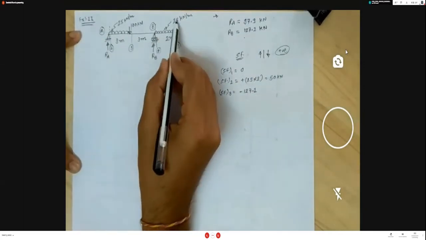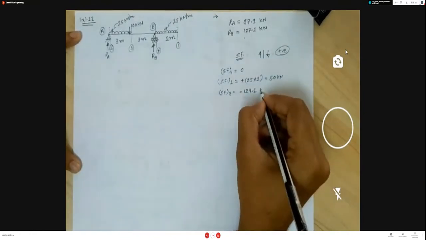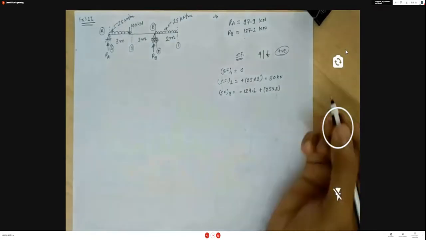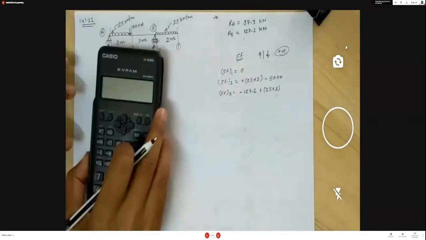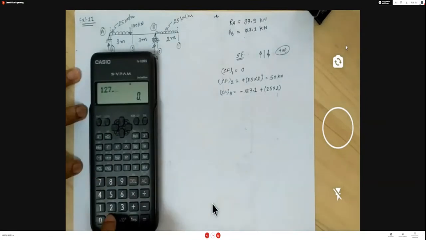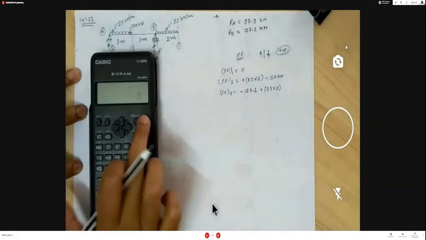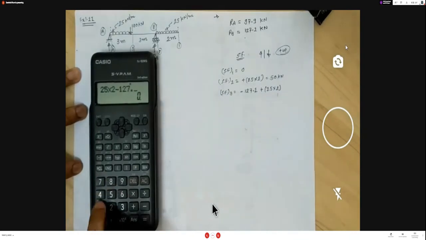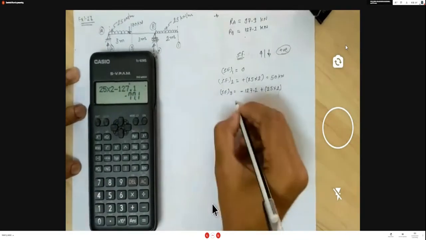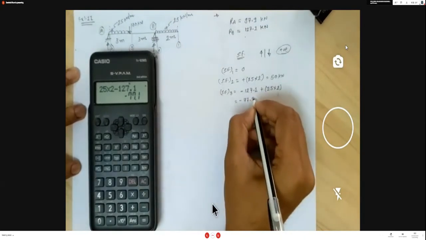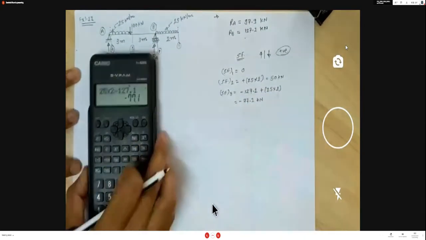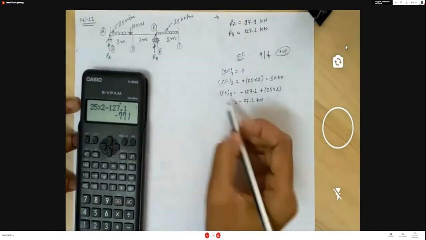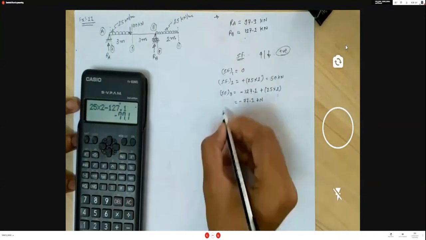And another force is this 25 into 2, downward, so 50 positive. So we get minus 77.1 kN. That is the unbalanced force at section 3. Okay.